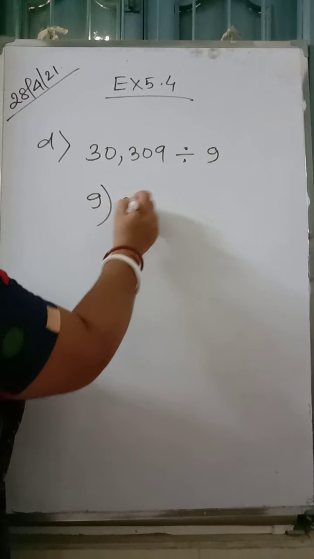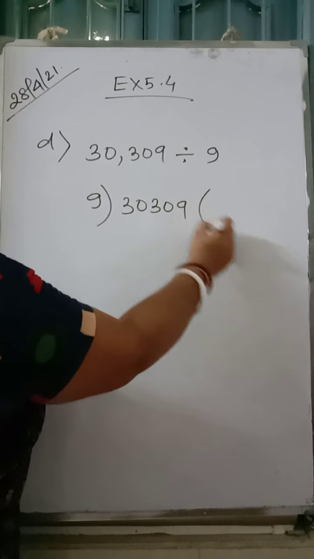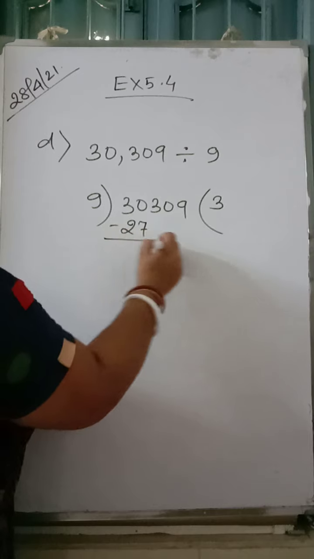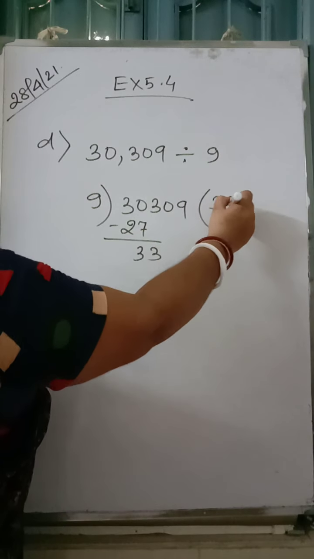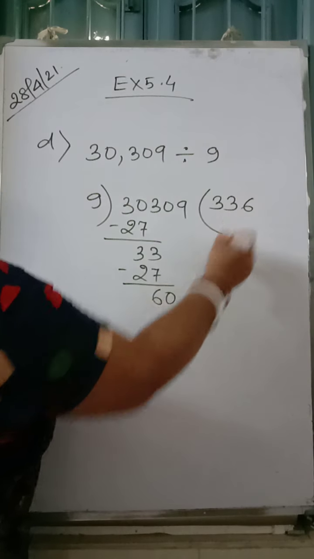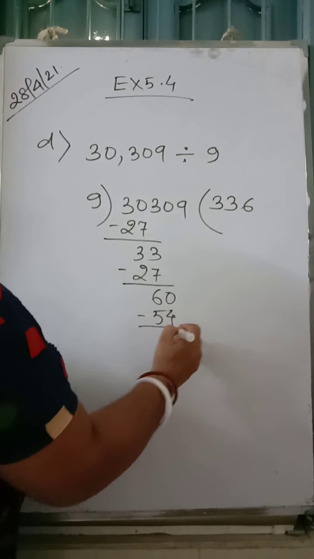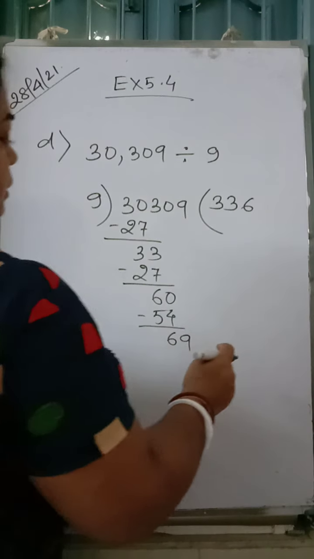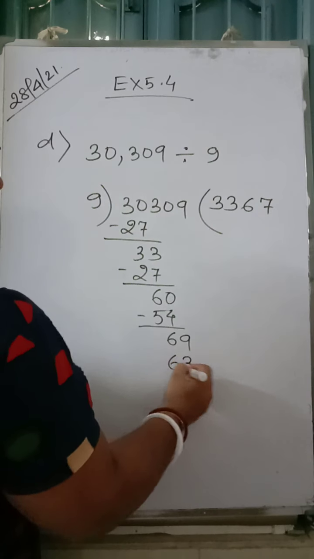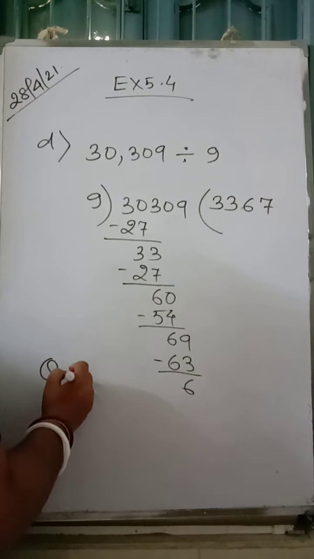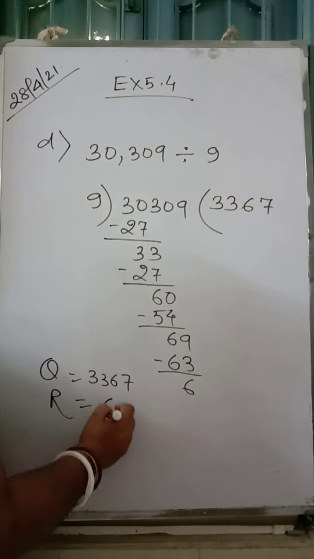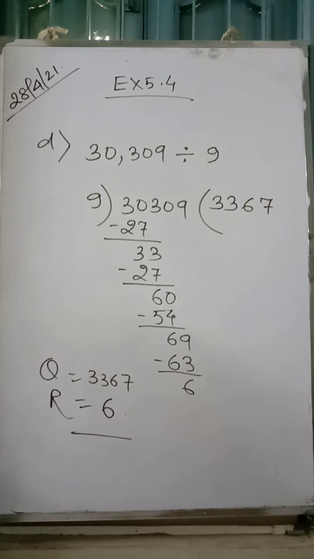Now 9, 30,309. 9 threes are 27. 3, 9 threes are 27. 9 sixes are 54. 9 sevens are 63. So the quotient is 3367. Remainder is 6. So this way we have to do question number 2.